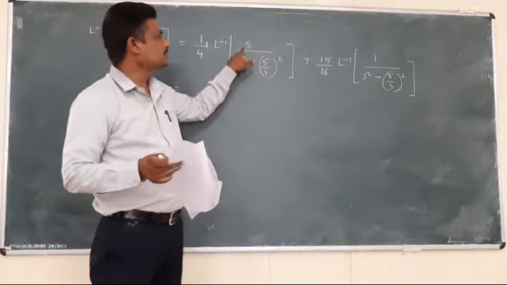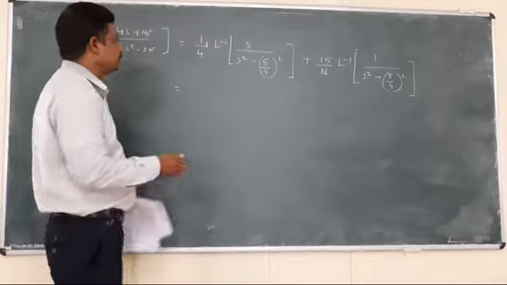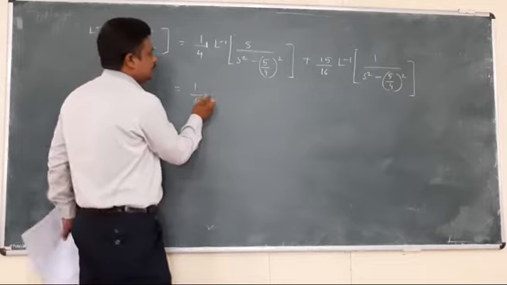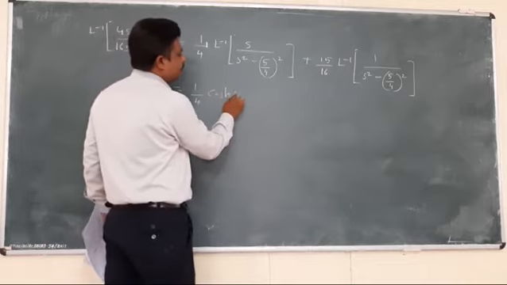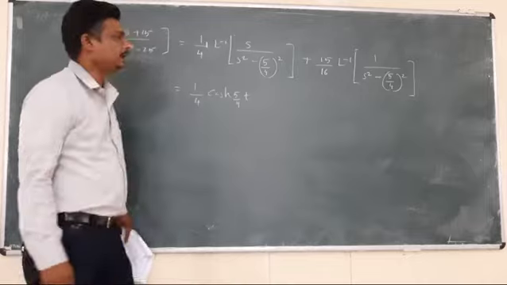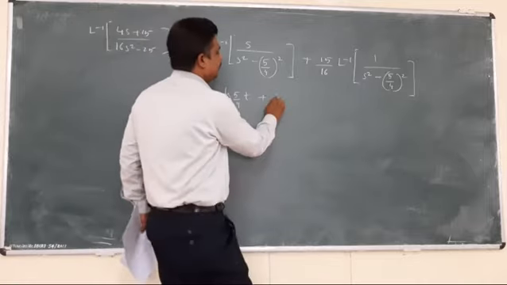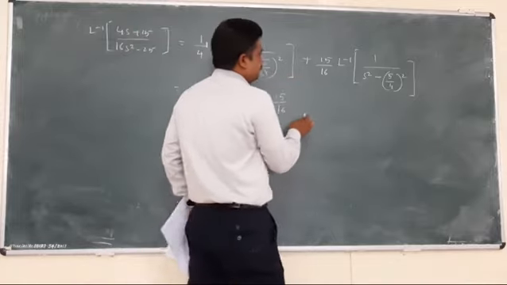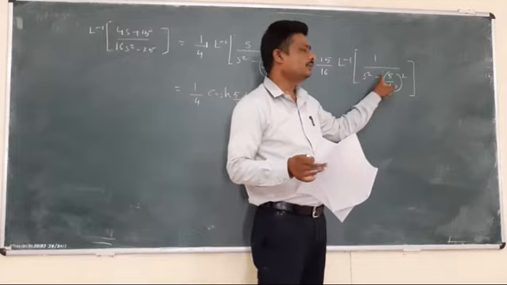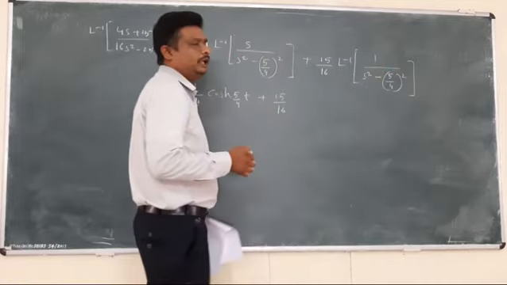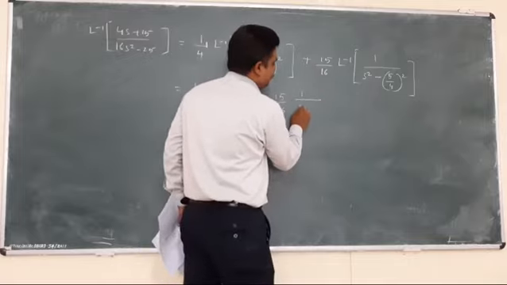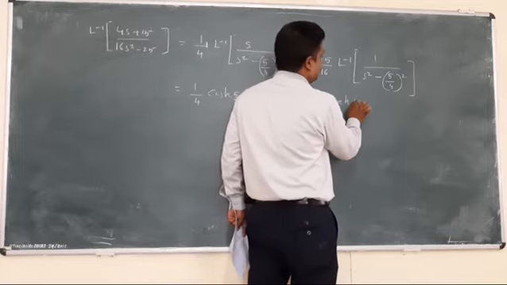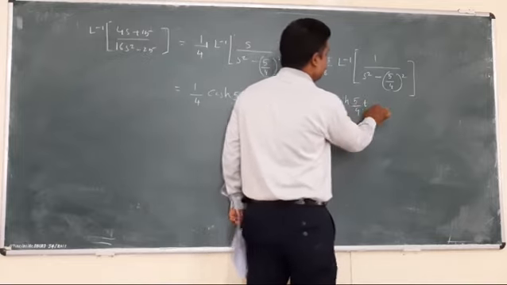We know that L inverse of s upon (s square minus a square) is cos hyperbolic of at. 1 upon 4, here the value of a is 5 by 4, that is cos hyperbolic of (5 upon 4) into t, plus 15 upon 16. Here it is in the form of 1 upon (s square minus a square), that is sin hyperbolic of at into 1 upon a, 1 upon 5 upon 4 into sin hyperbolic of (5 upon 4) t.